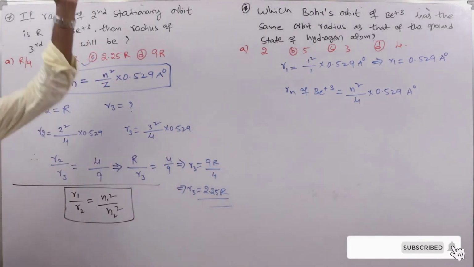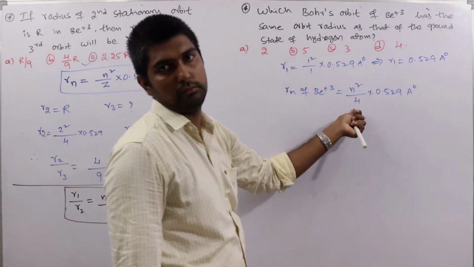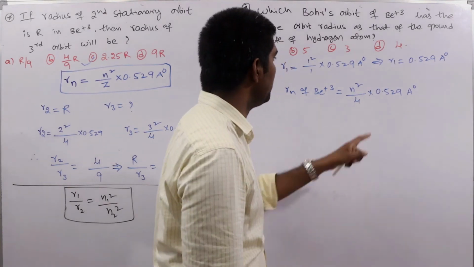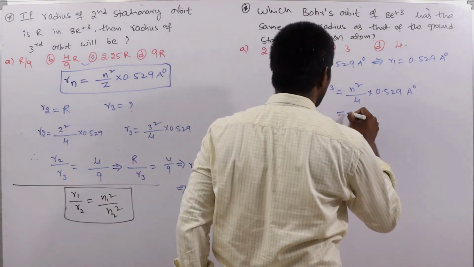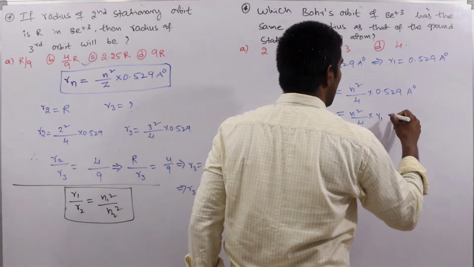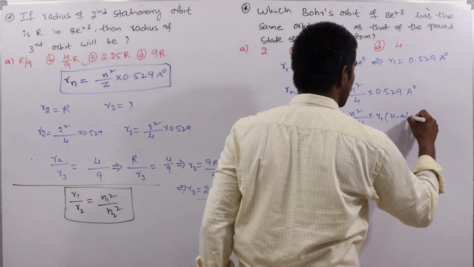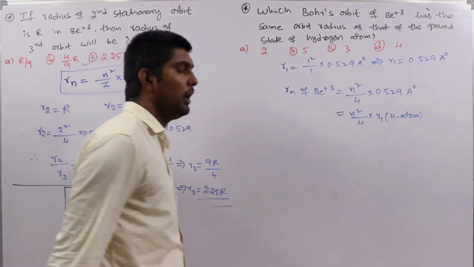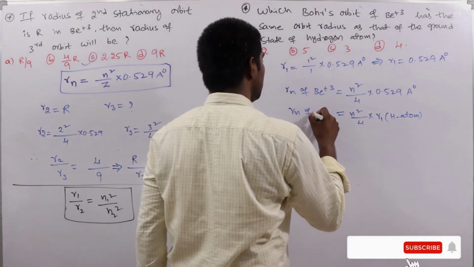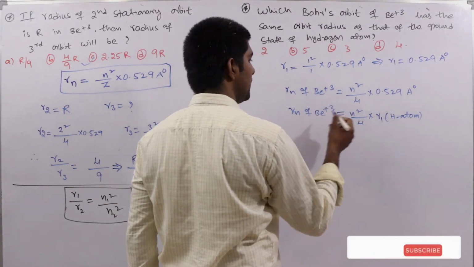What is the atomic number of beryllium? 4. So that's why here we are taking n square by 4 into 0.529. See, this we can write as n square by 4 into R1 of hydrogen atom. Yes or no? R1 of hydrogen atom.